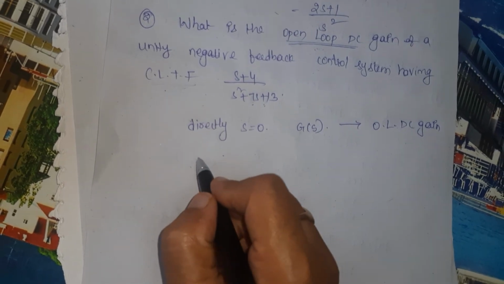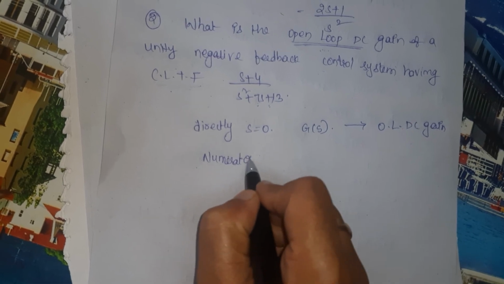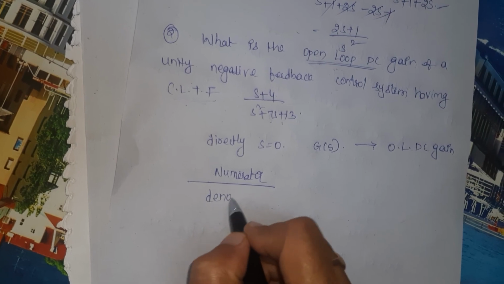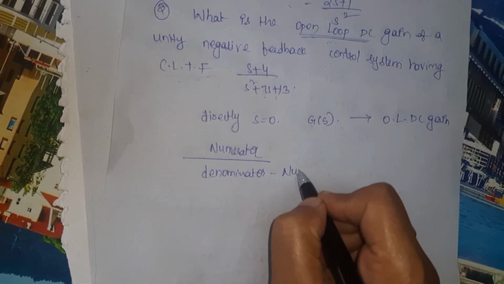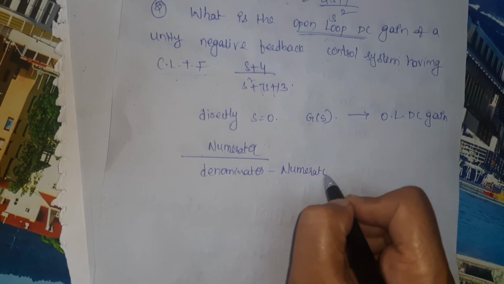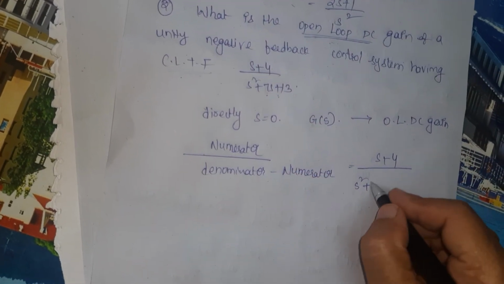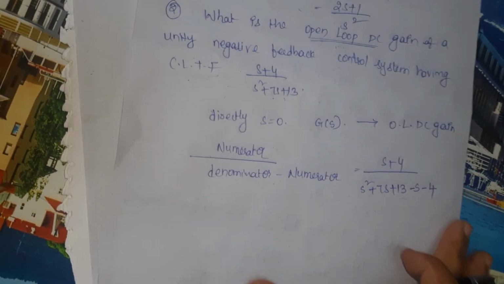So how to get the open loop transfer function from the closed loop transfer function? The formula is numerator divided by denominator minus numerator, that is s plus 4 by s square plus 7s plus 13 minus s minus 4.